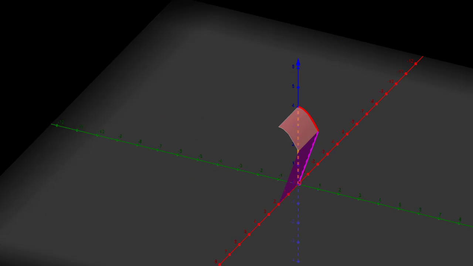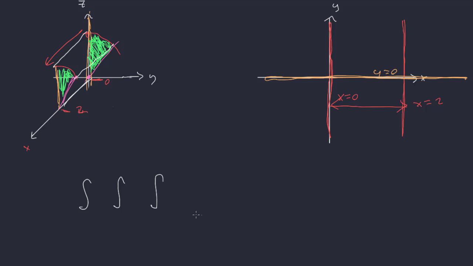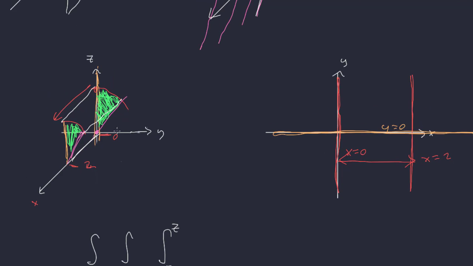Okay, so here's how we're going to do our limits. Alright, so we're going to start with the z limits. And so if we look back up here, for our z limits, we're going to go from the base to the roof.